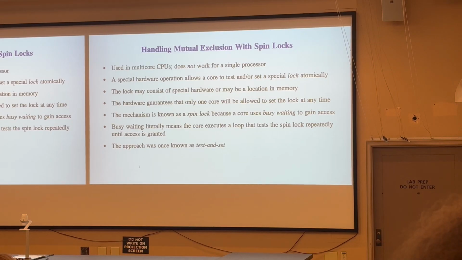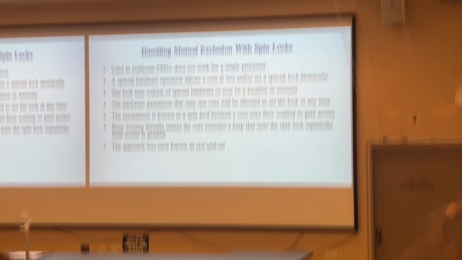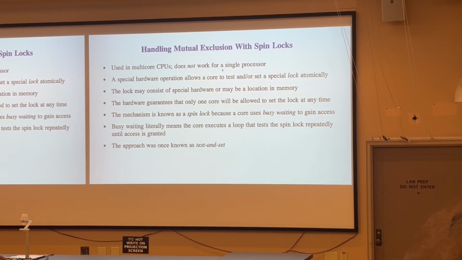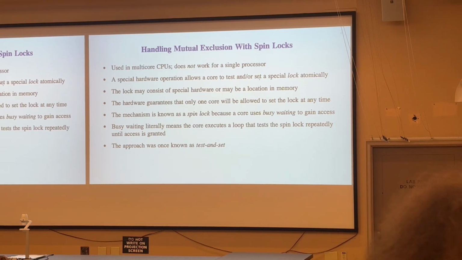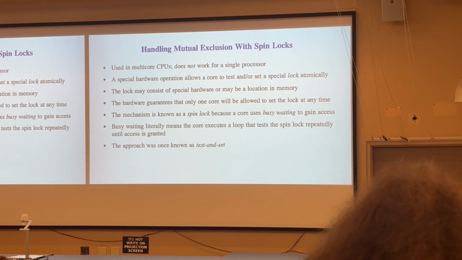Handling mutual exclusion is the spin lock. Of course, it's used in multi-core CPUs. It does not work for a single processor, because if you have a single processor and you lock it, then there's no other one that can release the lock. A special hardware operation allows a core to test or set a special lock atomically.